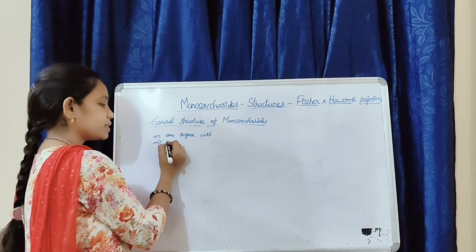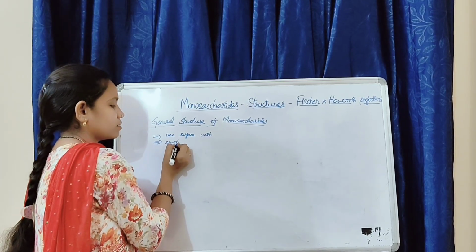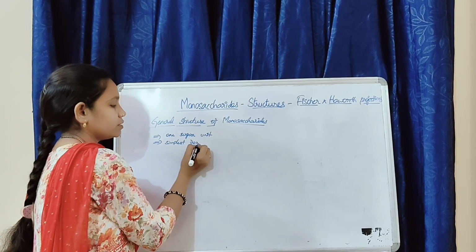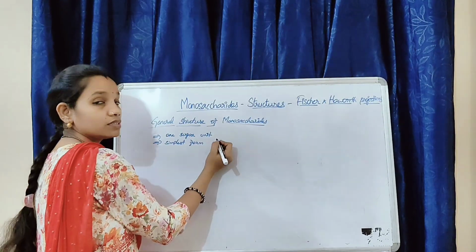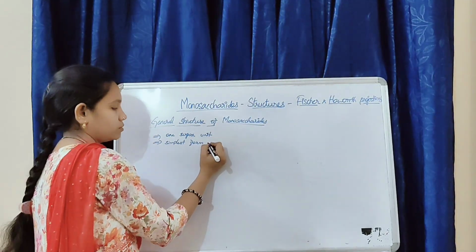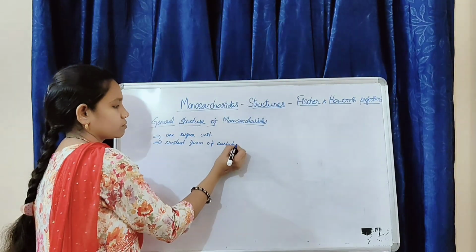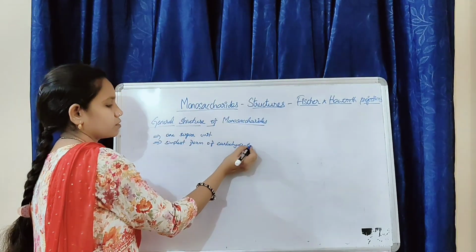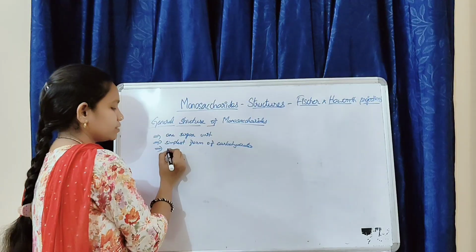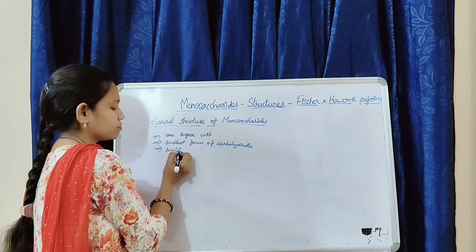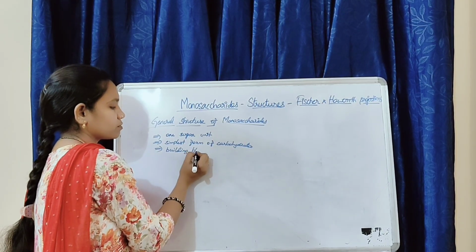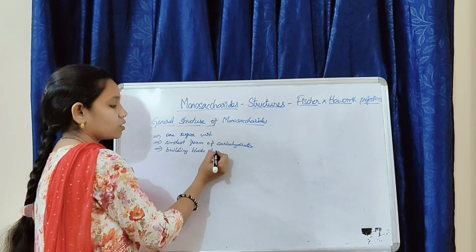They are the simplest form of carbohydrates, isn't it? They cannot be further hydrolyzed or broken down. Often referred to as building blocks of all carbohydrates.